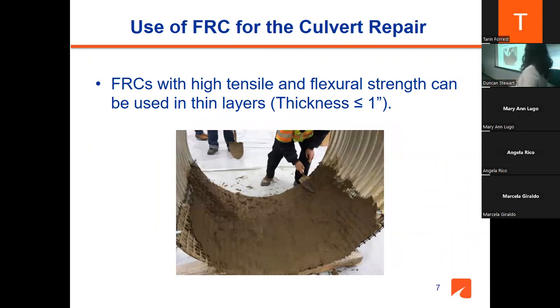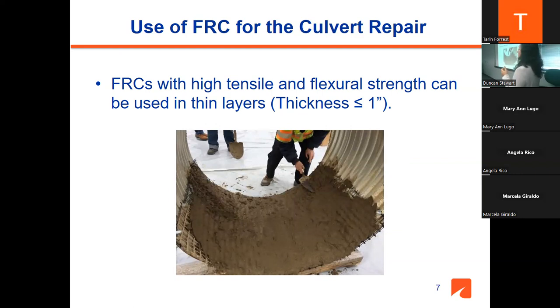Yes, sure. So in our innovative method, we are using fiber reinforced concrete to reduce the thickness of the concrete to 1 inch, and also using fibers helps to reduce the crack width.